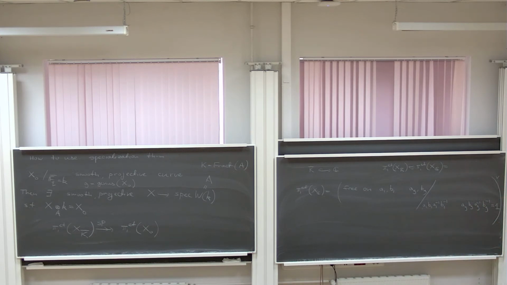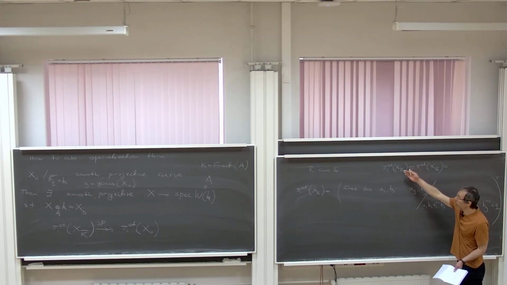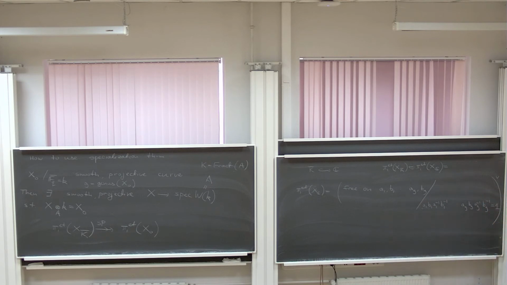So this describes this group abstractly as a topological group, but this group has a lot of extra structure that is not visible from this description. Namely, the Galois group of K bar over k acts on this scheme, and therefore it acts on the category of finite étale covers of this scheme.